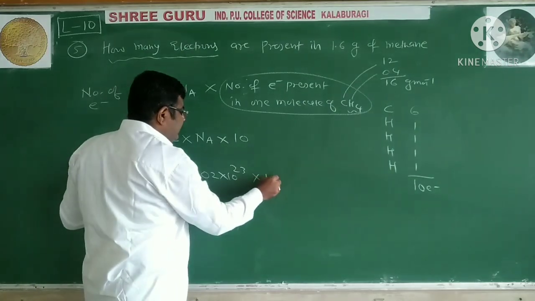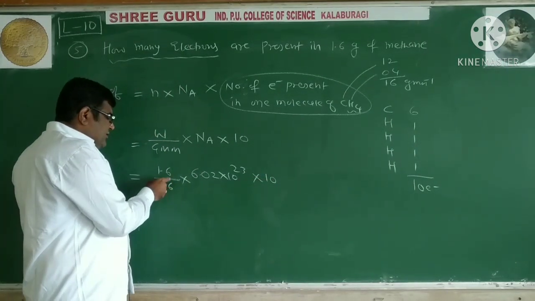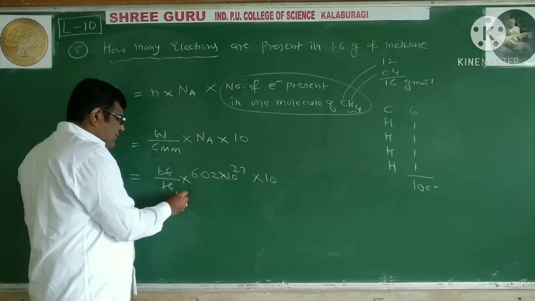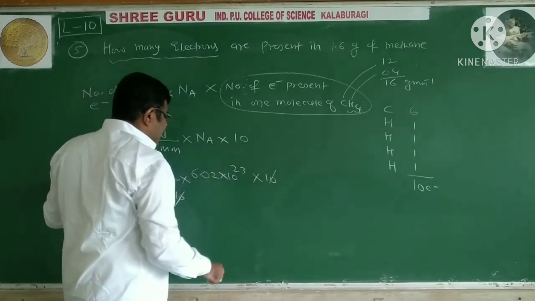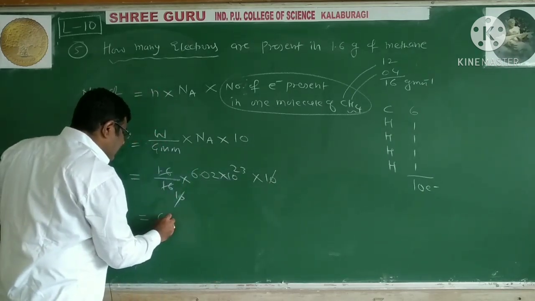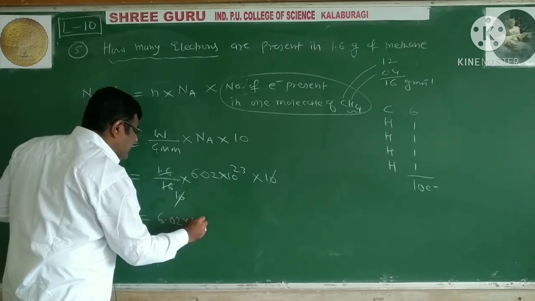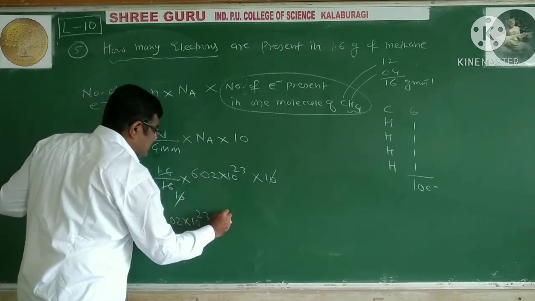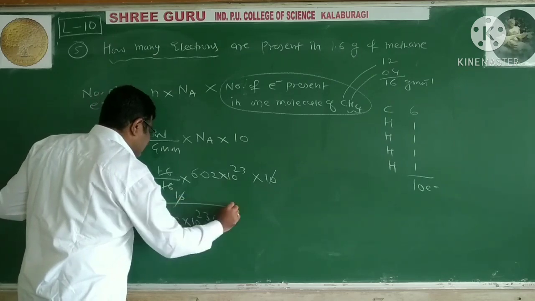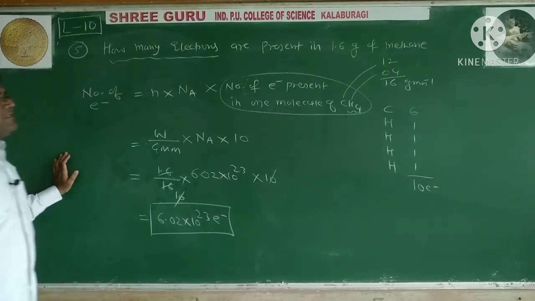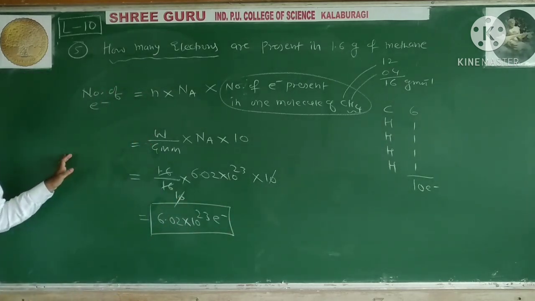Multiply by 10. 16 is 10 times of 1.6. This 10 and this 10 we can cancel. And we can say 6.02 into 10 raised to 23 electrons is our answer. So 1.6 gram of methane, which is 1 by 10 mole, 0.1 mole, contains Avogadro number of electrons into it.